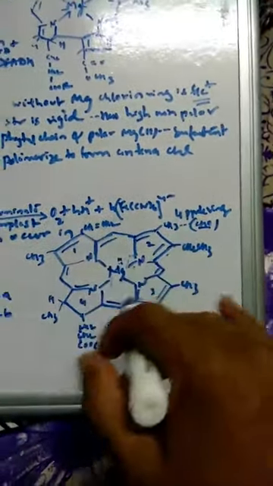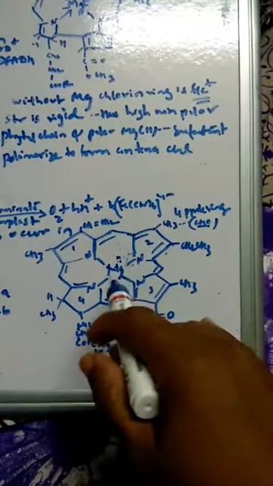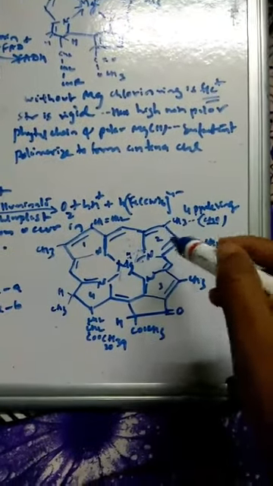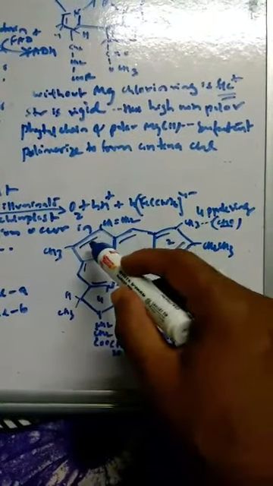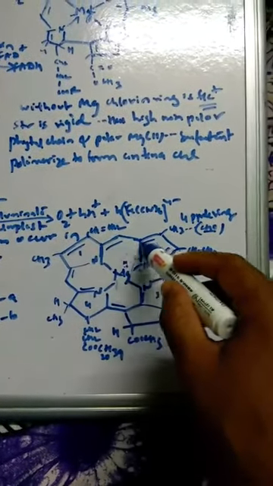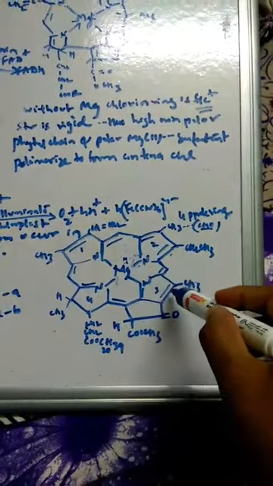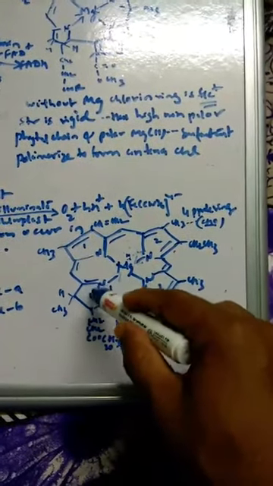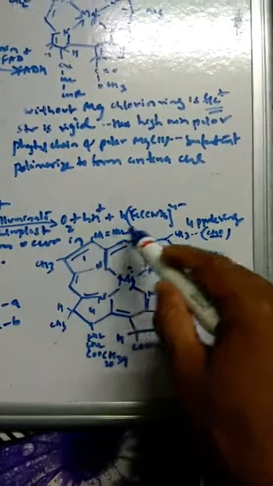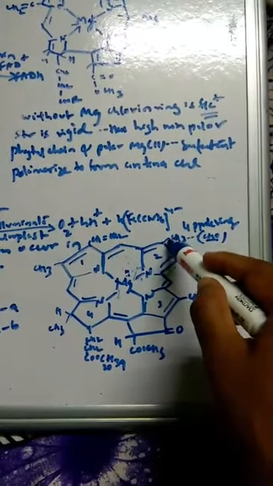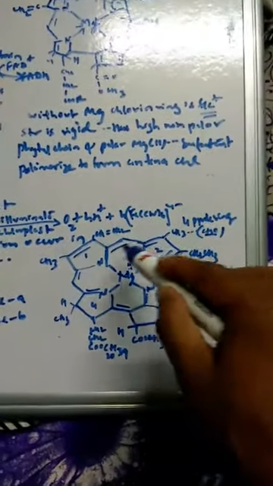This is how the chlorophyll structure is made, and it has some substituents: a methyl group, then conjugation as usual, leaving one bond and going for conjugation, but here there is no conjugation in one case. Then a methyl group, a CH=CH2 group, and a methyl group. So this is the structure for chlorophyll A.